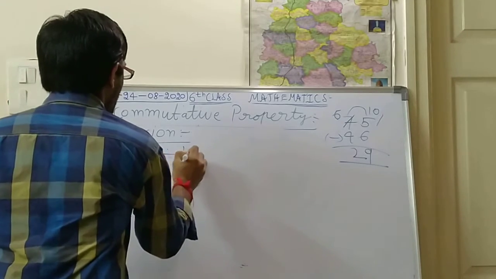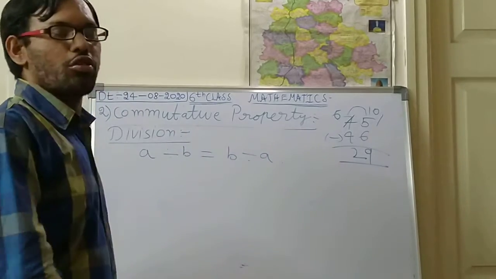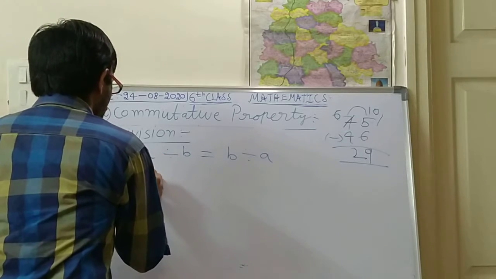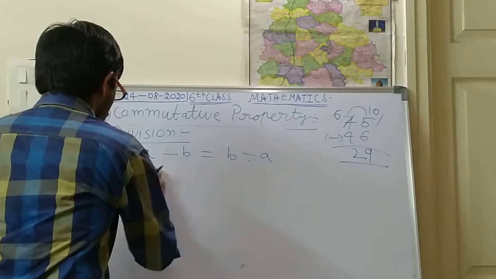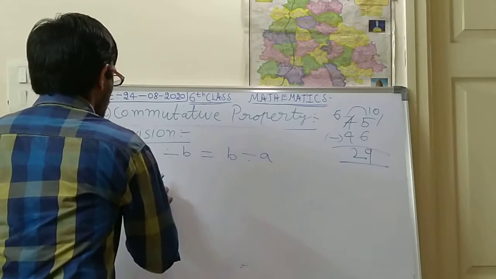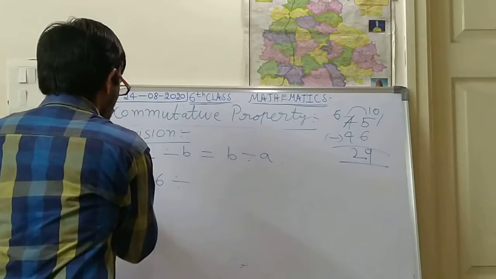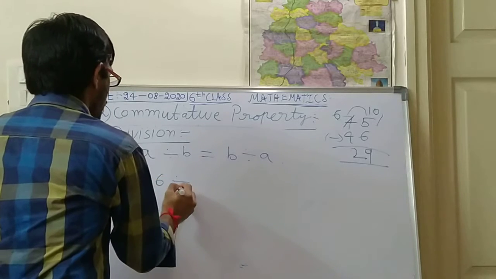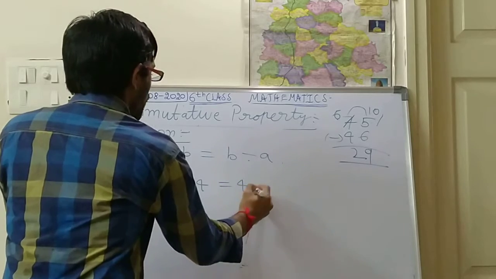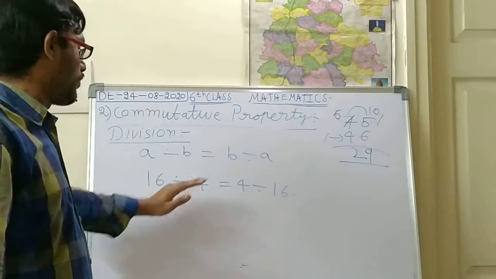If A divided by B equals B divided by A, then the commutative property will be satisfied. Suppose we take any numbers, say 16 and 4. 16 divided by 4 should equal 4 divided by 16, then the property will be satisfied.